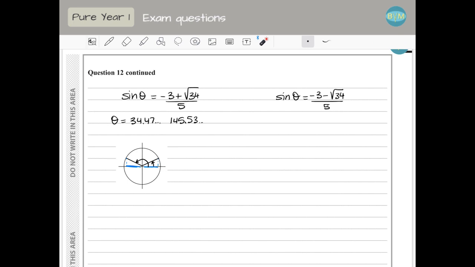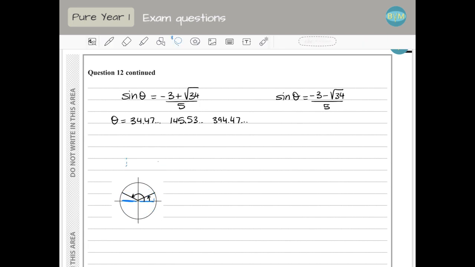And as the interval is up to 450, I can try to go around once, so 360 plus 34.47. If you do that, you are still in the interval. So 360 plus 34.47 is 394.47. So these are your three first answers.